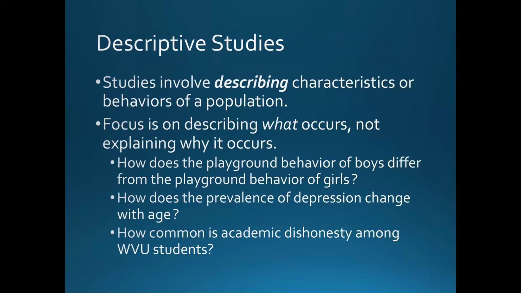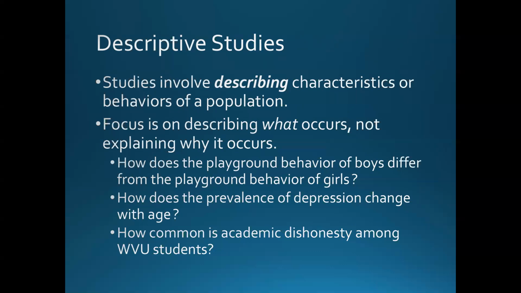If you think about most of psychological research and probably everything that you have read for your homeworks and for your research studies, psych research really focuses on explaining the relationship between two variables. Well, descriptive studies are kind of the precursor to that, where they just describe what's happening.